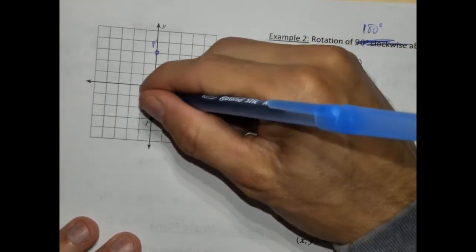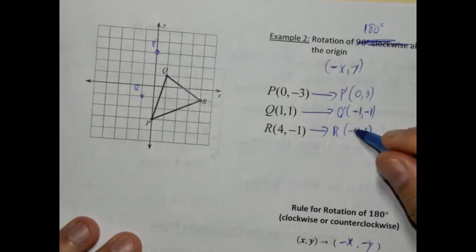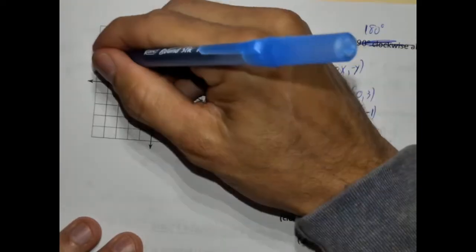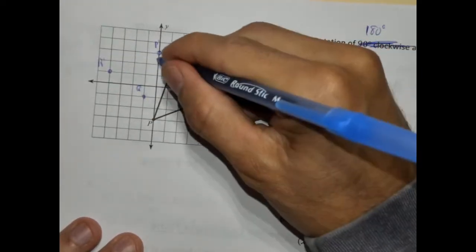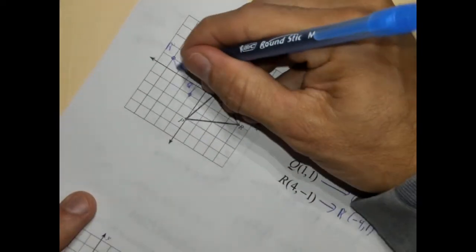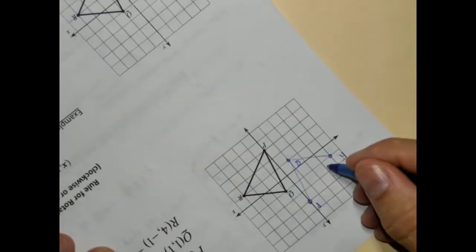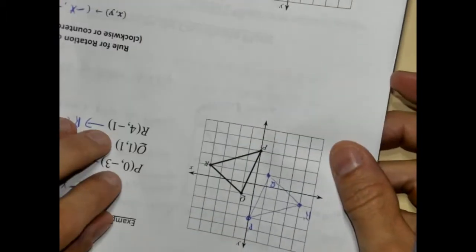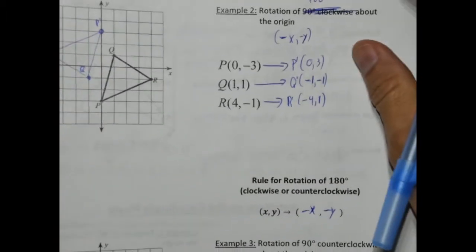Q prime is (-1, -1). And R prime is (-4, 1). That's R prime. Let's go ahead and do that. So if we take a look at that, and you rotate 180 degrees, right, that's exactly where it ends up. So you can tell it works.